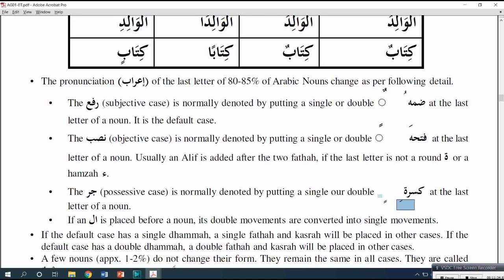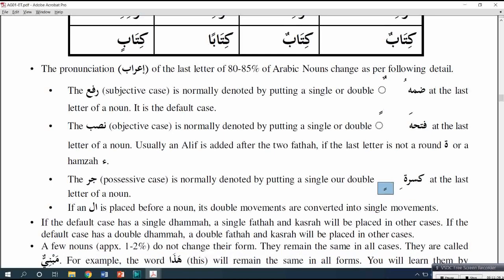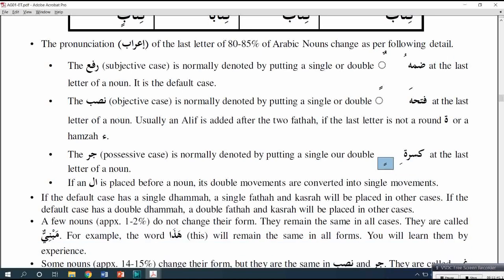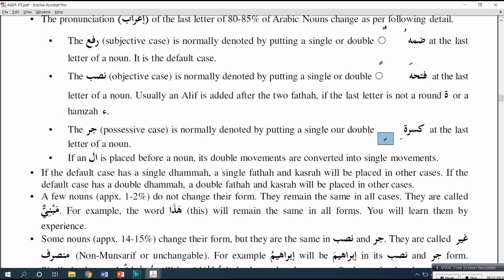As you were told, if an alif lam is placed before a noun, the double movement is converted into a single movement.